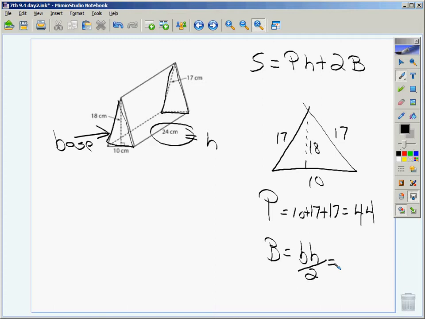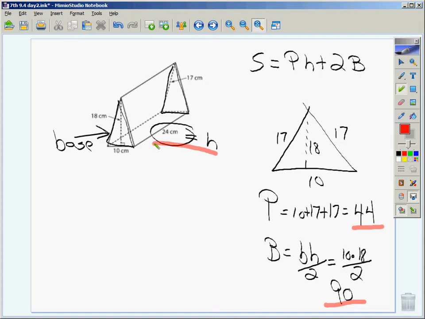Okay. What's the base of the triangle? 10. What's the height of the triangle? 18. 10 times 18 divided by 2 is 90.